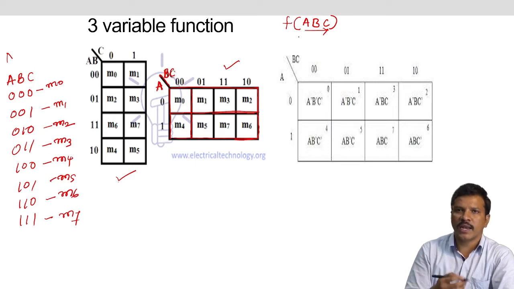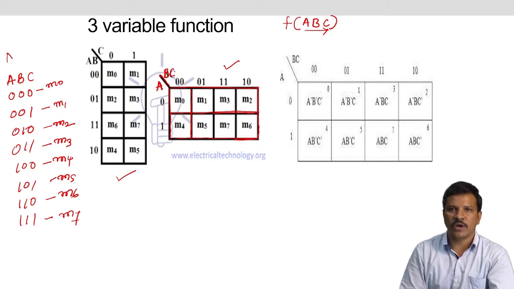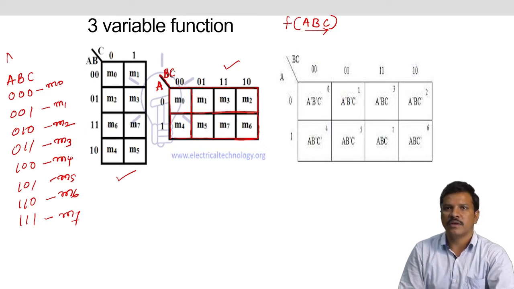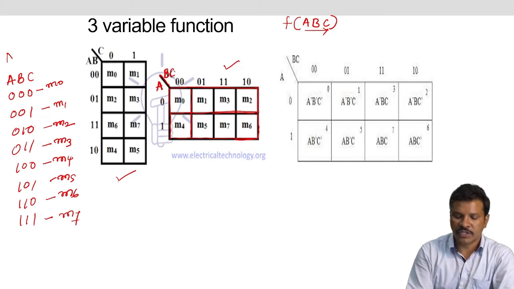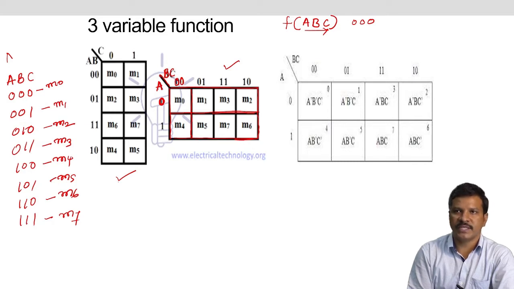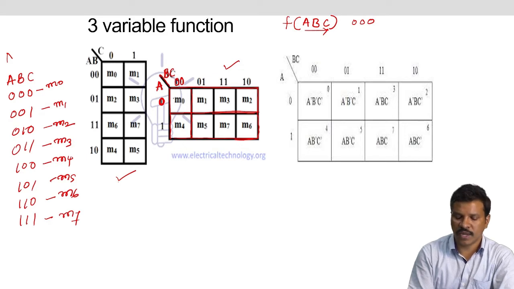Among those 8 possible minterms of ABC, let us consider 0 0 0, which means A bar B bar C bar. That is the first row of A, 0, and the first column of BC, 0 0. So we get 0 0 0, whose equivalent decimal number is 0, and its corresponding minterm is represented with small m suffix 0.